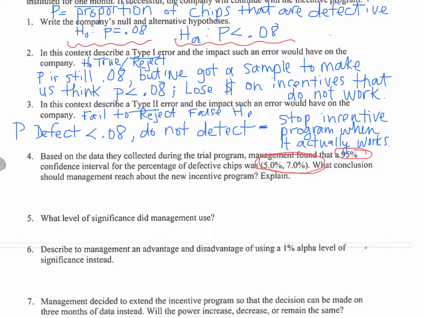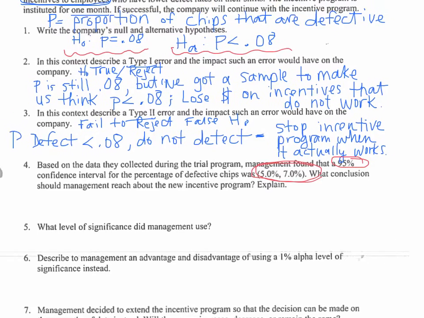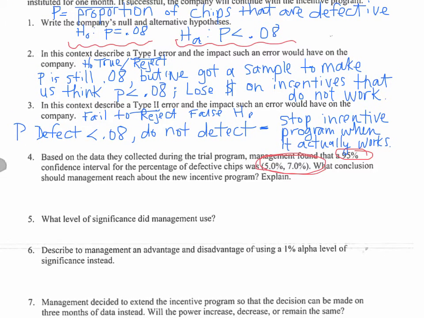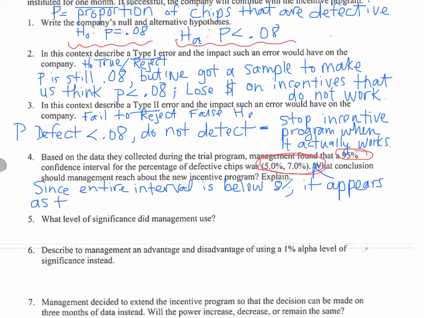Well, what happens is, since the 8% is not inside this interval, since the entire interval is below the 8%, it appears as though the defect rate has lowered.